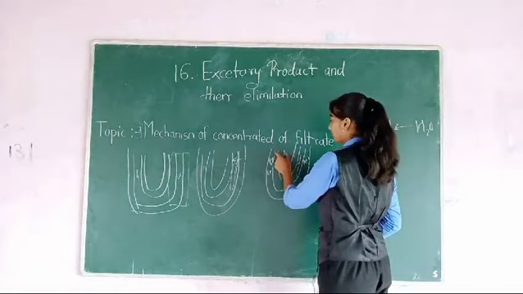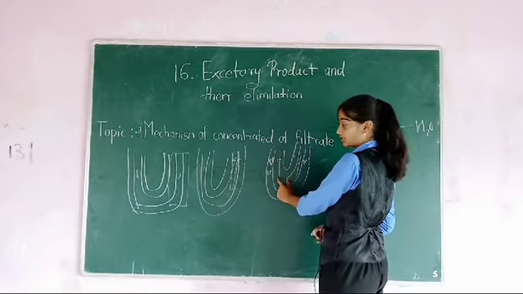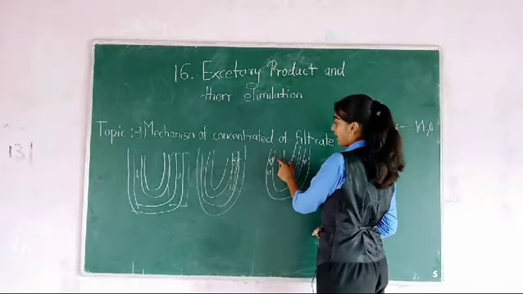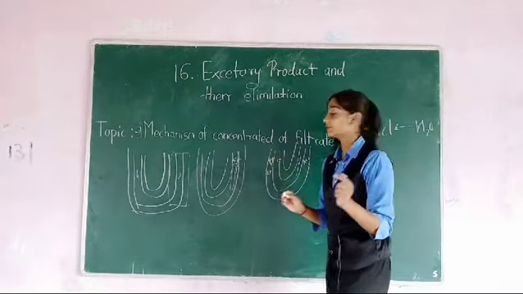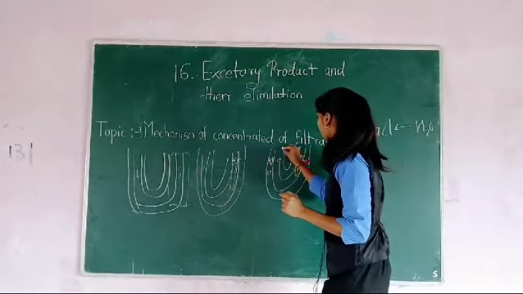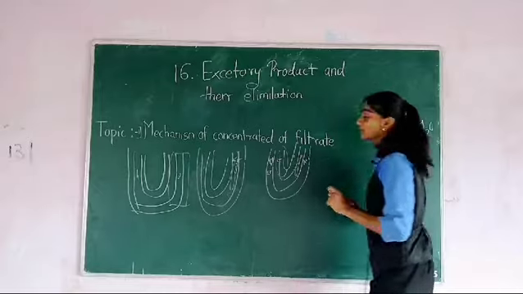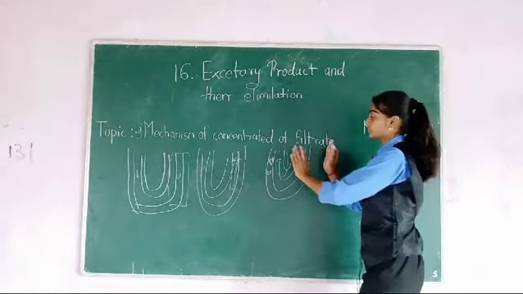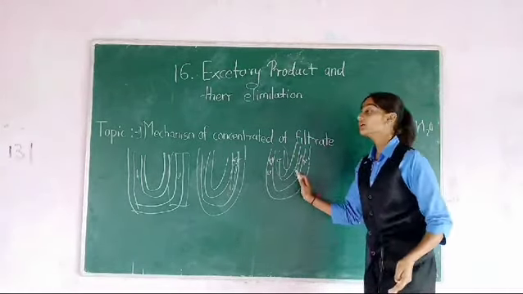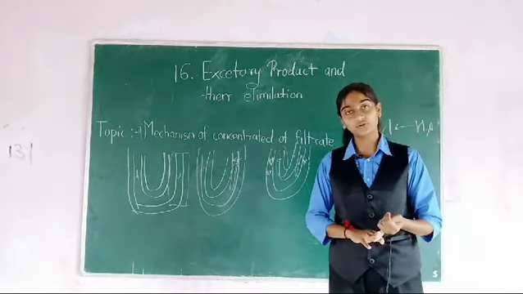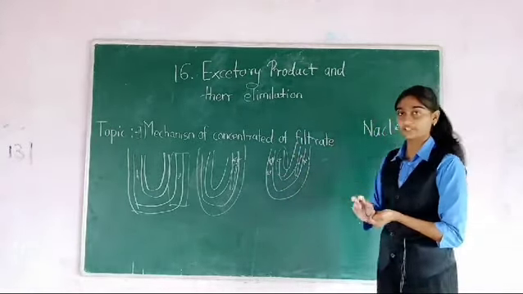So the water from the loop of Henle goes to the vasa recta, and they reabsorb the water from here and here. The water has all been transferred to the vasa recta, so they also form concentrated urine and filtrate.